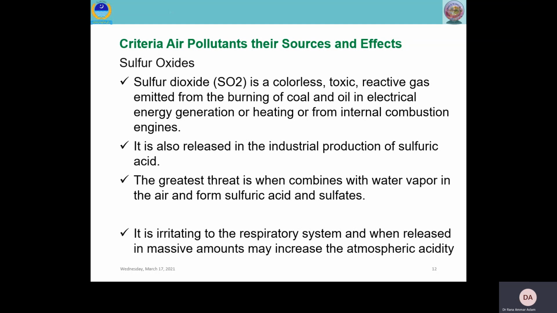It's not only sulfur dioxide; it's the sulfur oxides, because sulfur is present in the atmosphere in 3 to 4 forms. However, SO2 is very important because of its impact, right?